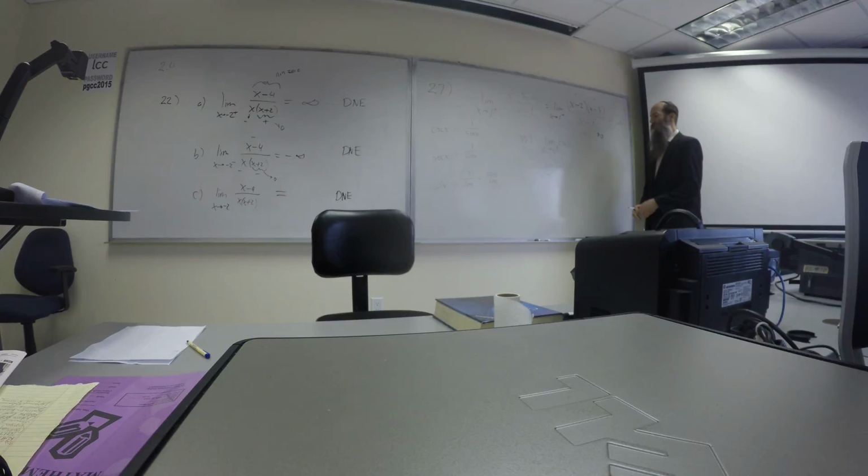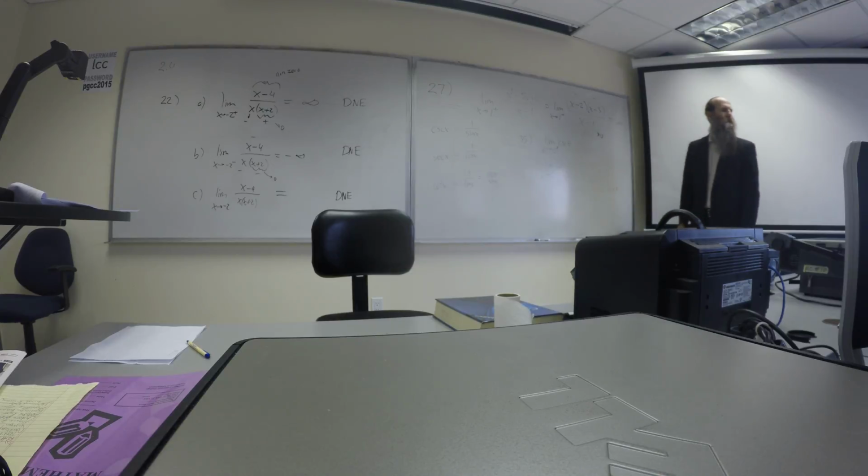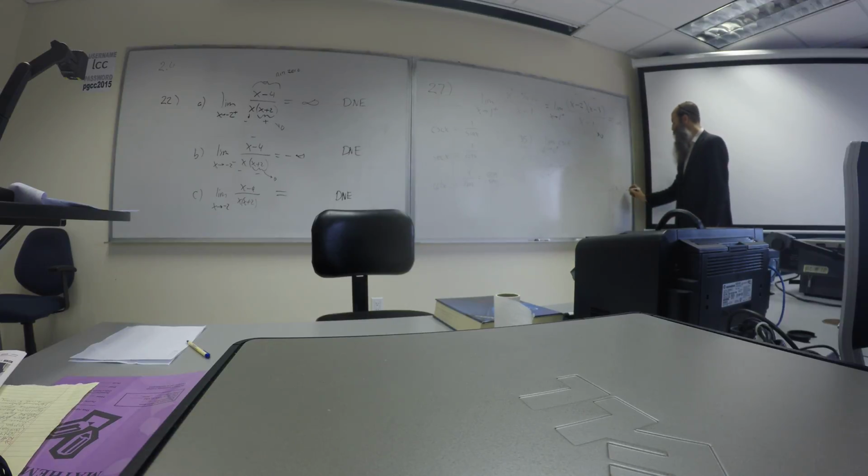If we're heading towards 0 from the right of 0, in terms of the unit circle, where are we? We're at some very small angular displacement here, heading clockwise towards the initial side of any angle, heading towards the positive x-axis.